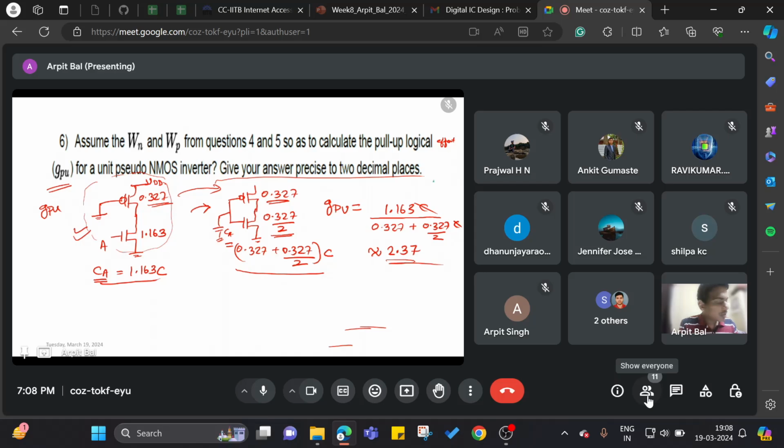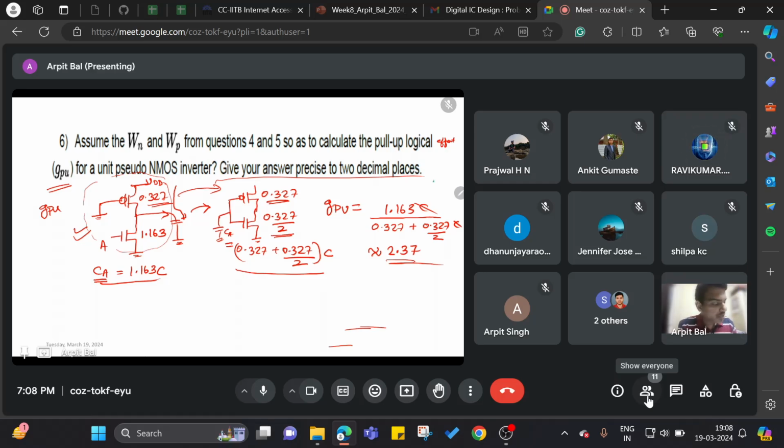Okay, so for constructing the reference inverter, what we are going to do is, when GPU is considered, do you agree that the NMOS is going to be turned off completely? Yes, sir. So if the NMOS is turned off completely, will it mean that the load current directly flows through the PMOS only?